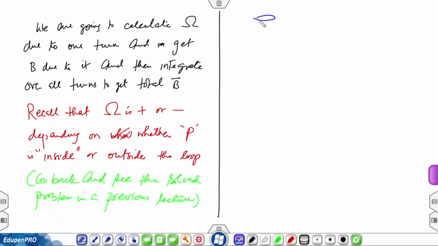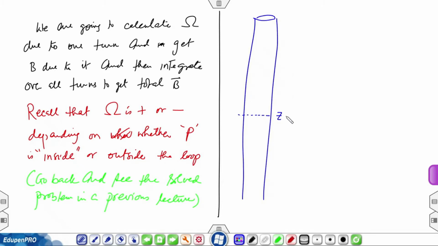So, you see now, if I have this solenoid, here is a plane z equals 0, here is a point at height z, and let us say it is at some distance S naught, where I am using cylindrical coordinates. So, S naught vector, and I have a current loop, which I am making at height z prime and thickness dz prime.